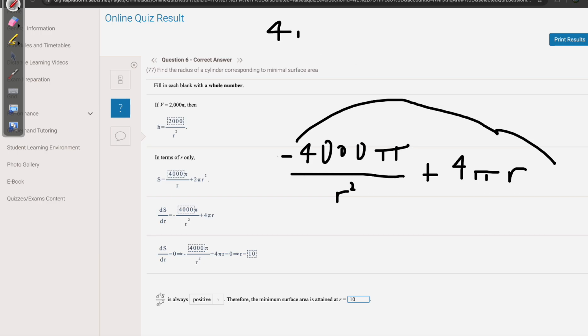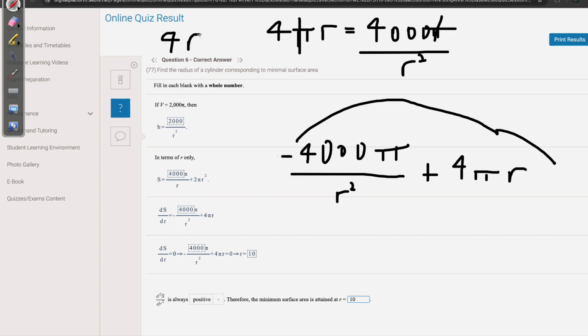So 4 pi r equals 4000 pi over r squared. Pi by pi, so 4r cubed is equal to 4000. So r is 10.